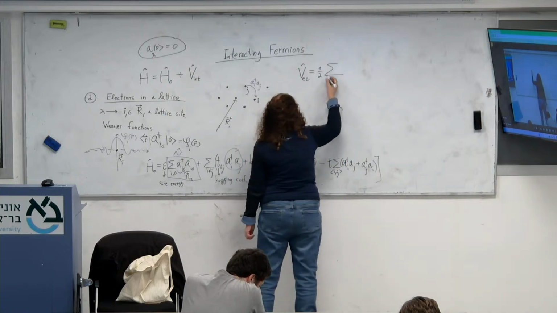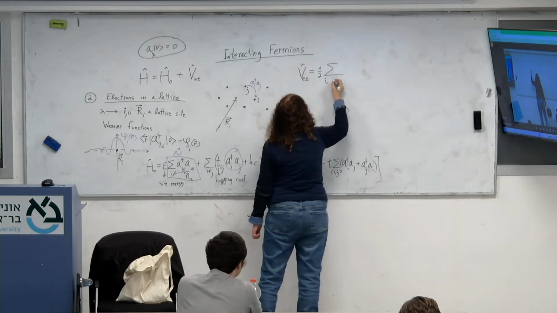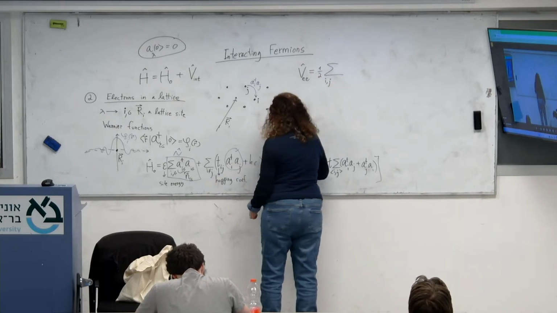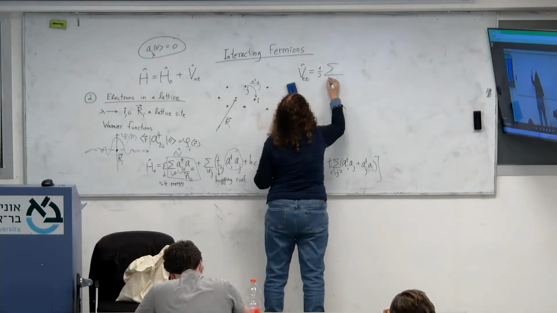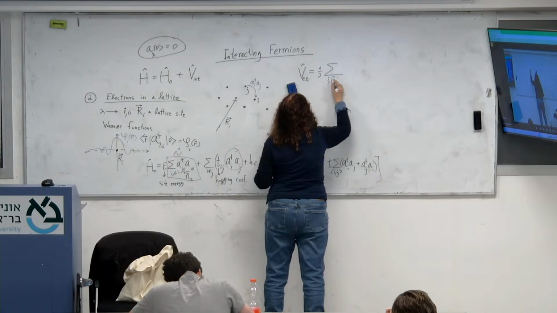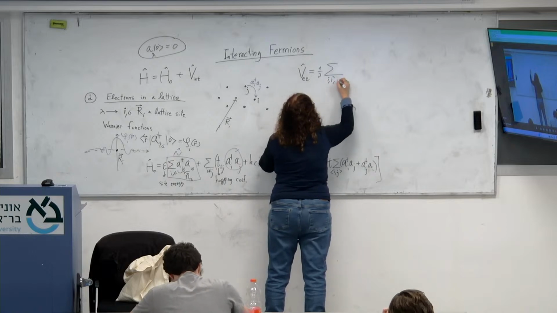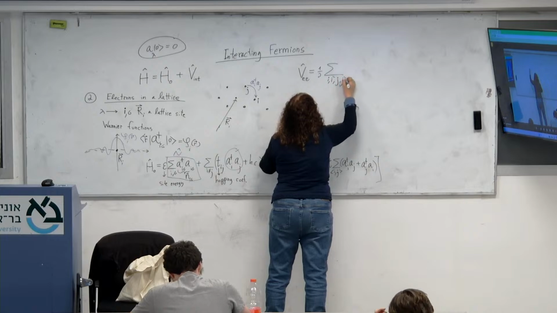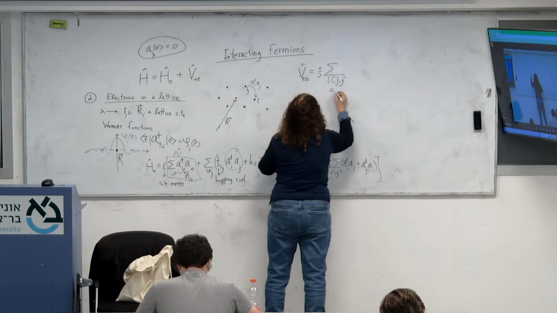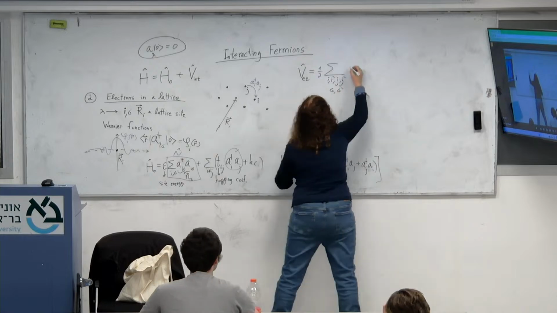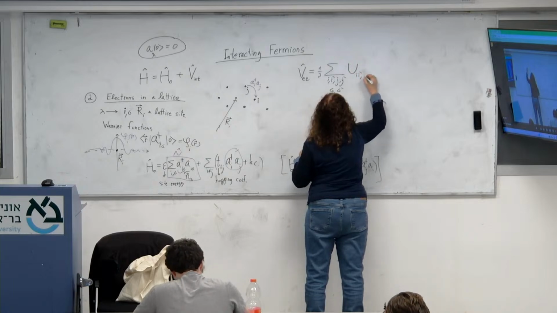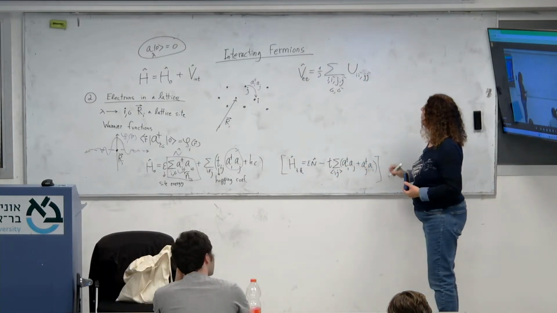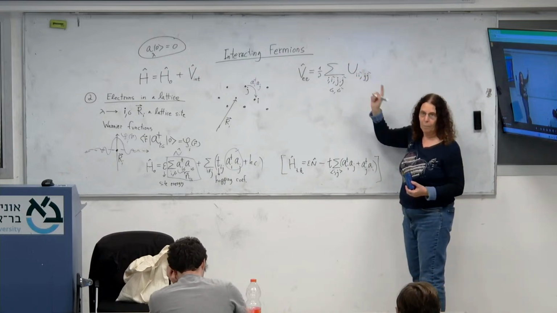So let me write it explicitly. Let's use the same convention that I had before: i, j, i prime, j prime, and then I have a sigma and a sigma prime. Here I have a matrix element that in the general case I write like this, and you see it's not dependent on spin.